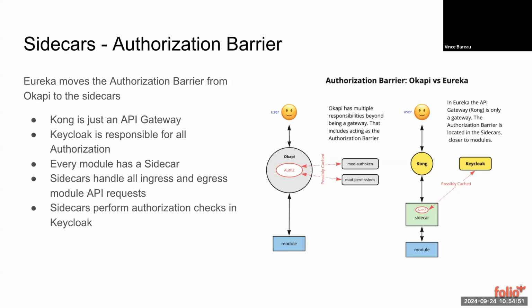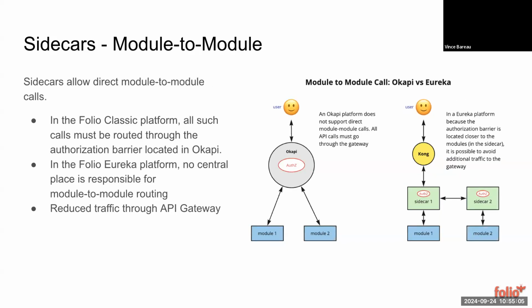So we've sort of moved the authorization barrier, which is the sidecar, closer to the module, as opposed to centralizing everything in one place. And so you may be thinking, well, that's interesting. What can we do with that? Well, one possibility is that we can optimize the traffic flow through the deployment, because in the past, when you would make a call, everything goes through Okapi for authorization.